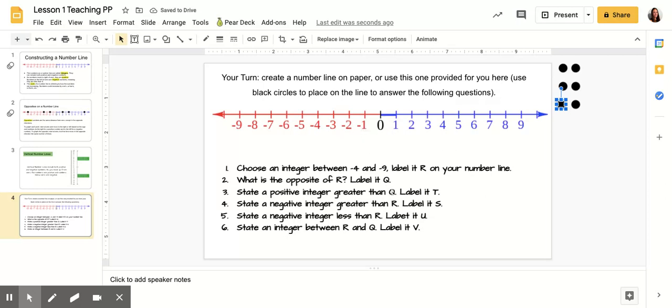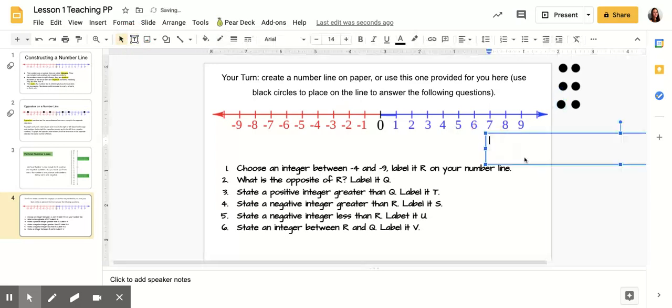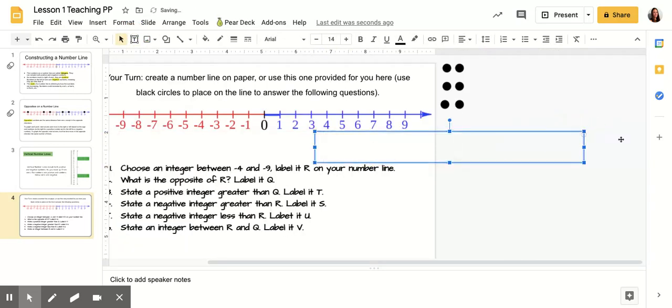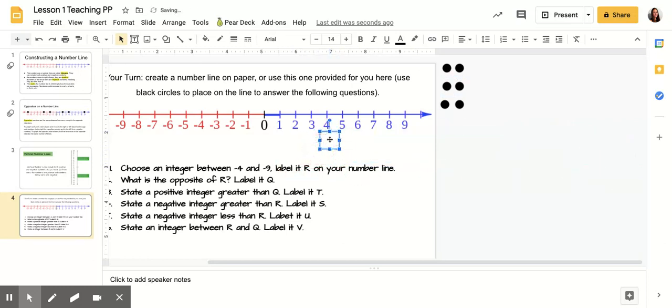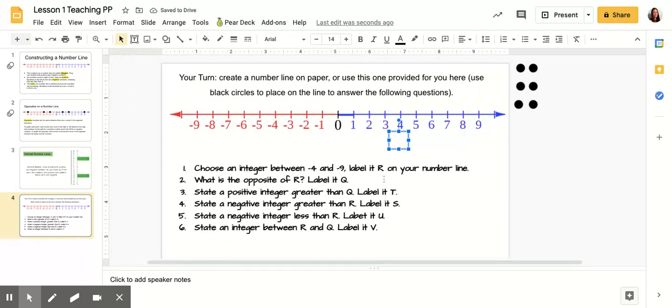But you do have to also label it. So you're going to be coming in here and labeling it. If you're going to label, you can always insert a text box. You can resize the text box as well. And then you'll put whatever letter you're using that's based on the problem here. It says to label it a certain letter.